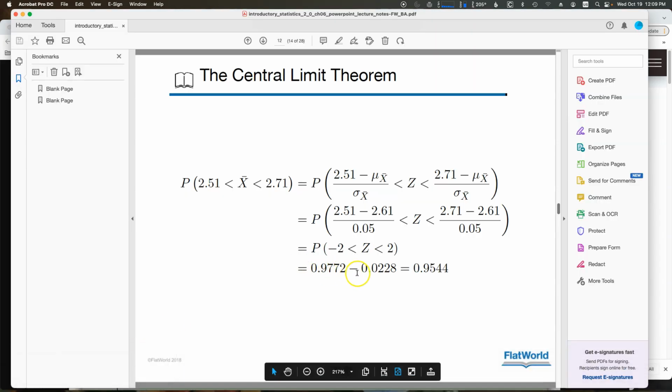So 0.9772 minus 0.0228, that difference is our 0.9544. So in this case, we see, at least from a range perspective, that 95% of the values would exist in that range.